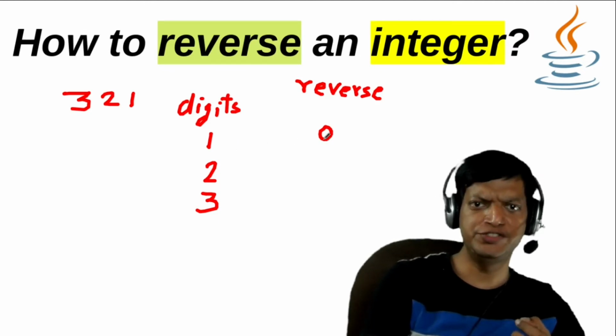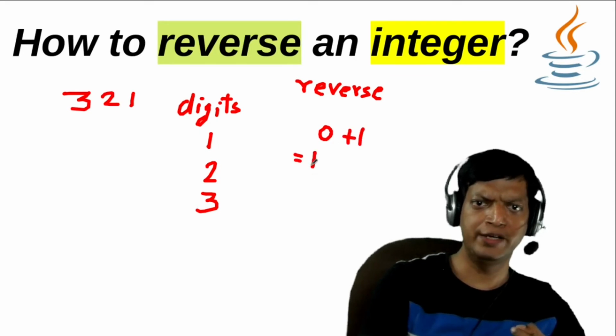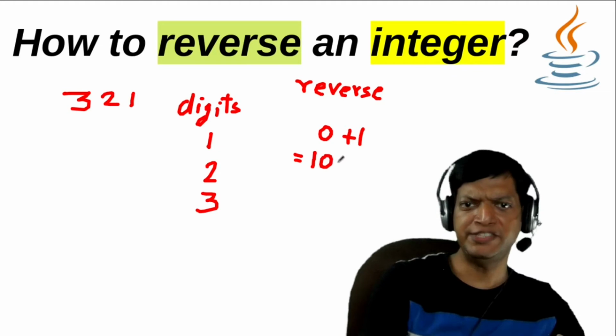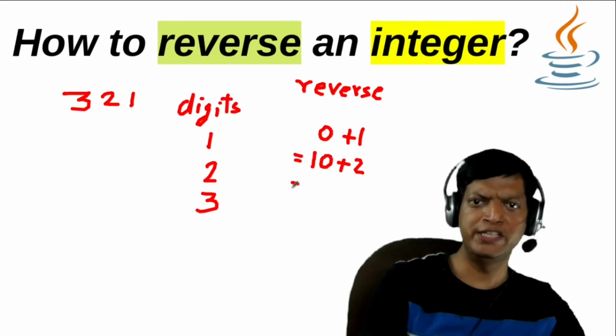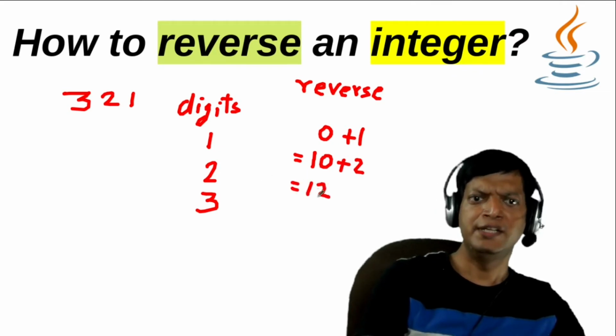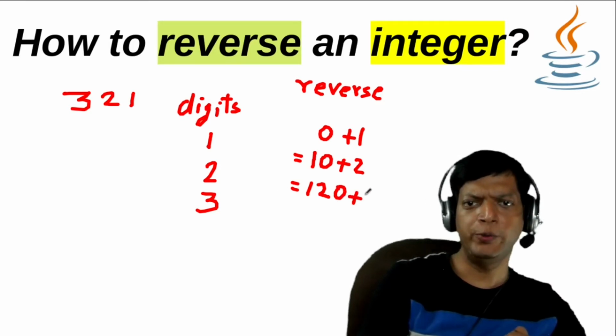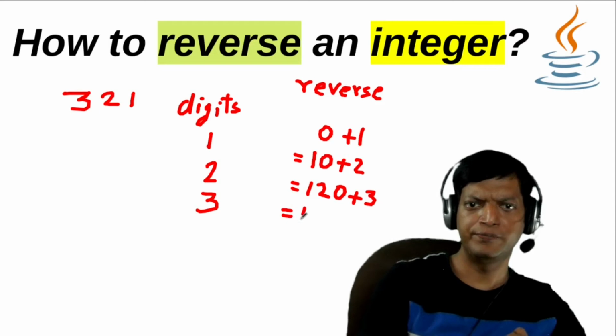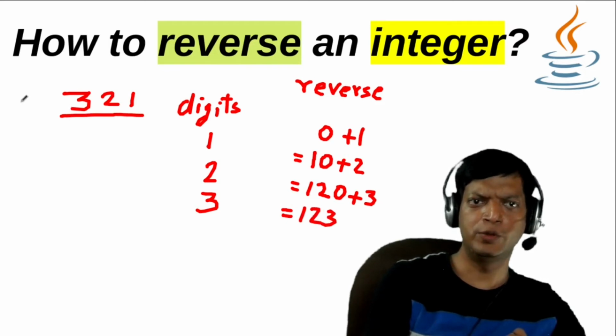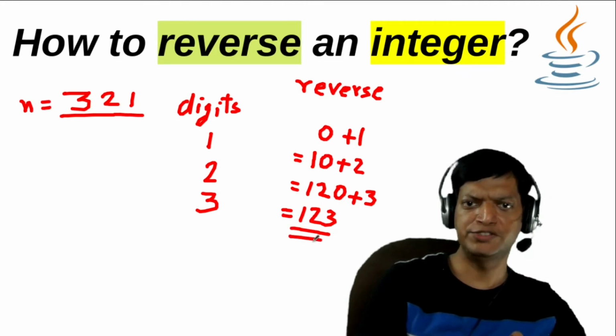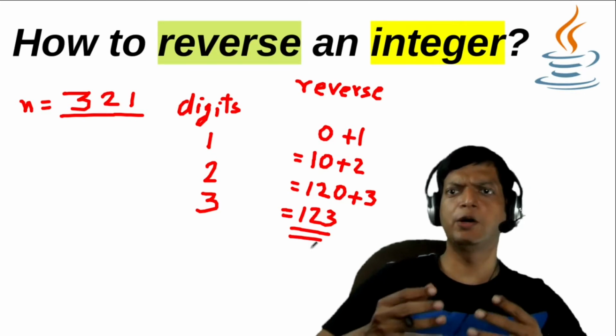So 0 into 10 is 0, 0 plus 1 is equal to 1. 1 into 10 is 10, 10 plus 2 is 12. Then similarly 12 into 10 is 120, 120 plus 3 is 123. And if you notice, the original number was 321, and the reverse is 123. So this is how we'll proceed.